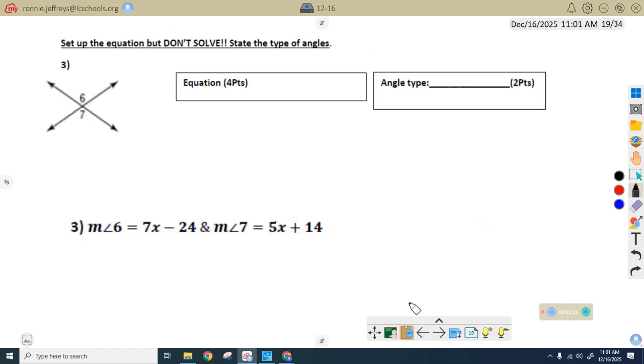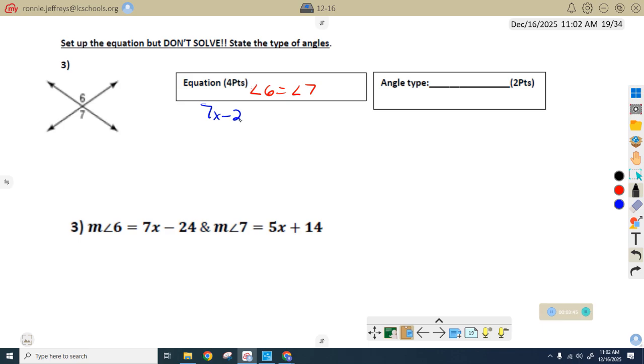Now, on 3. I had to go back after I started looking at this. Some of y'all did this, okay? Technically what it should have been, because I don't know why this didn't get on there again.